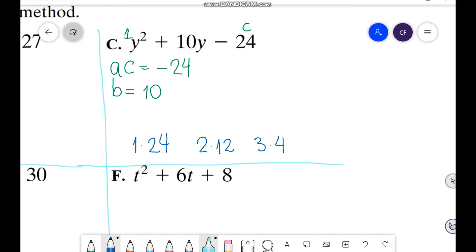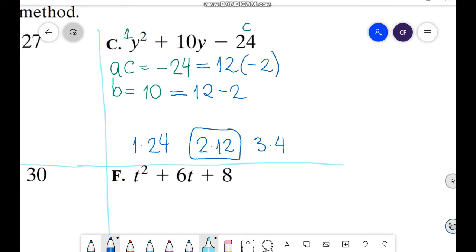Try to think what kind of numbers added or subtracted can be equal to 10. I can quite clearly see that we can subtract 2 from 12 and have 10. 12 minus 2 equals 10, right? And then we have 12 times negative 2 equals negative 24. The numbers are going to be 12 and negative 2.